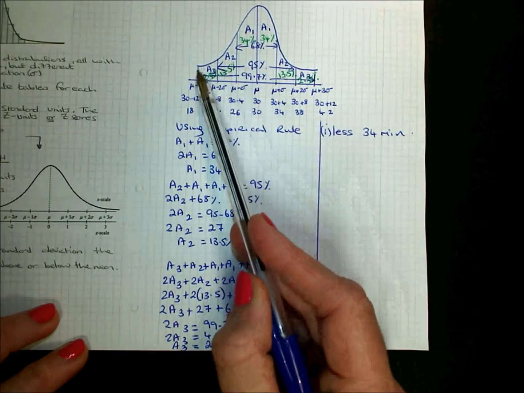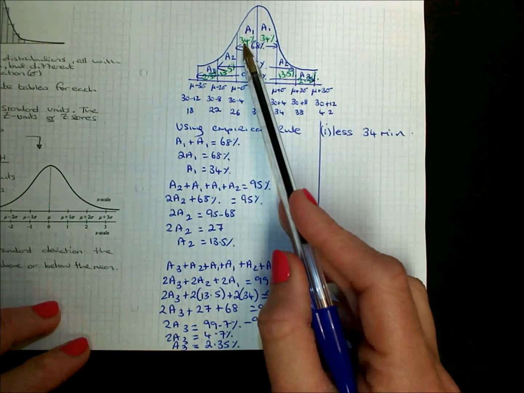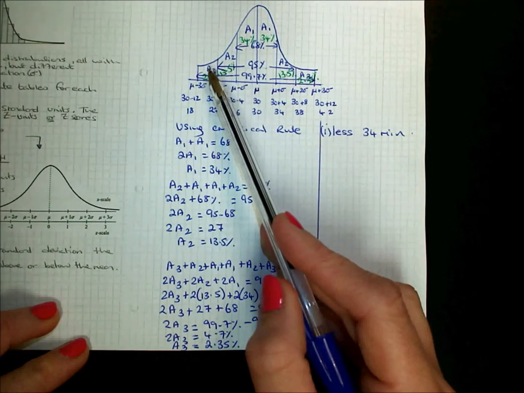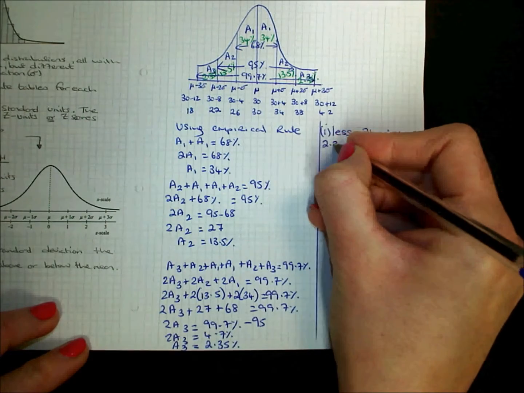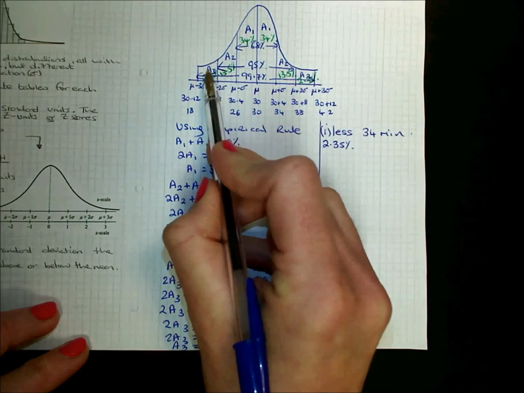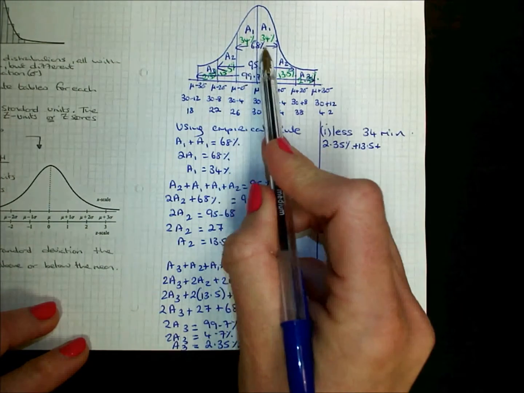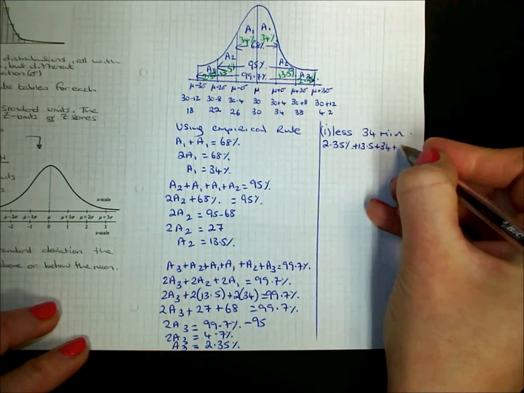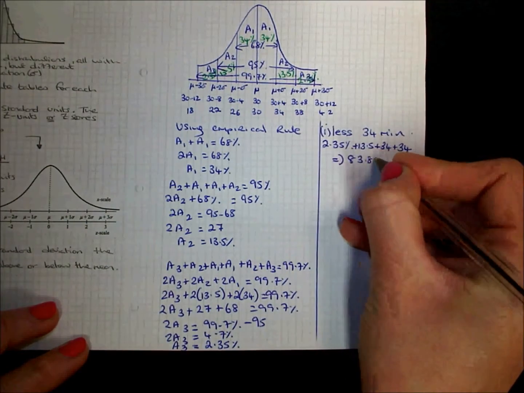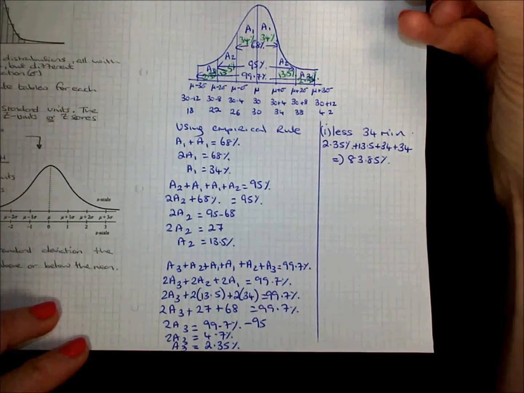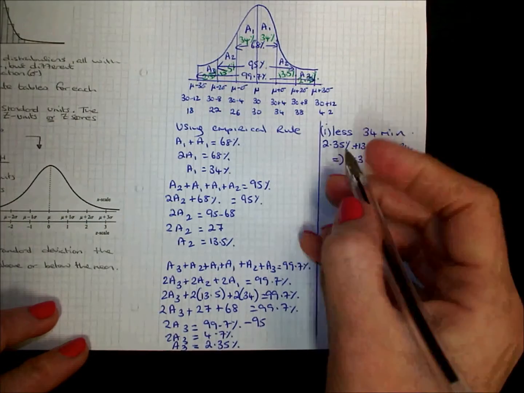So less than 34 minutes is going to be area 1, area 1, and area 2 and area 3. So it's going to be 2.35% from here, plus 13.5 plus 34 plus 34, which is giving me a total of 83.85% of journeys.